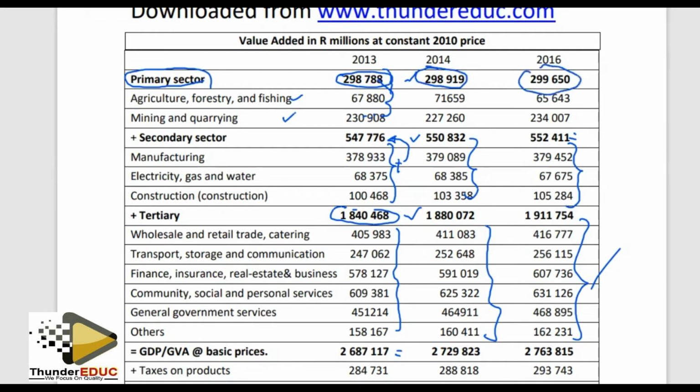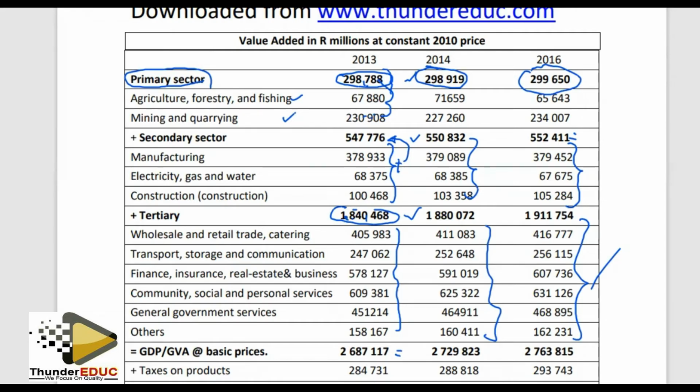Then go to the secondary sector, which is 298,788, whereas the tertiary sector is 1,840,468.